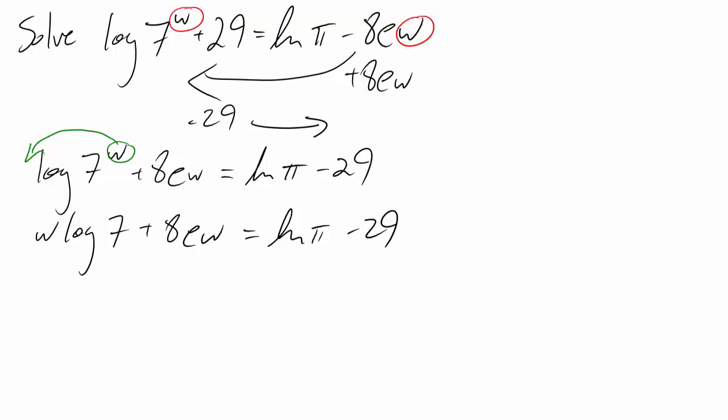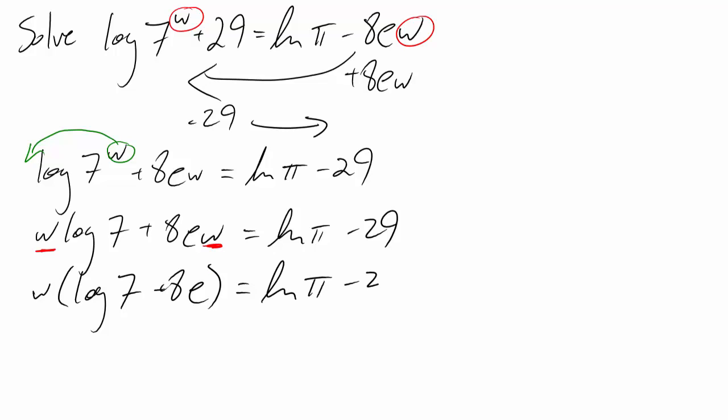Right, so now we're just going to use our algebra skills here. We've got w that's present in both terms on the left side, so we're going to factor him out. So that gives us w times log of 7 plus 8e, and then that's still equal to our natural log pi minus 29.